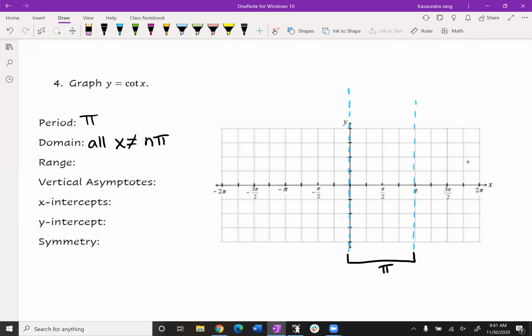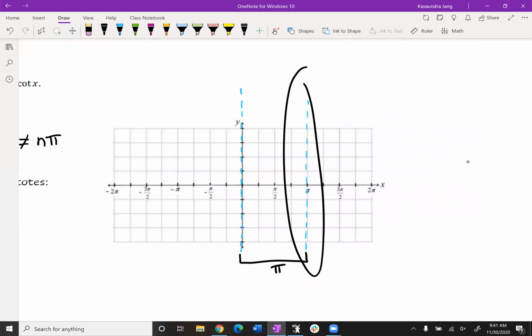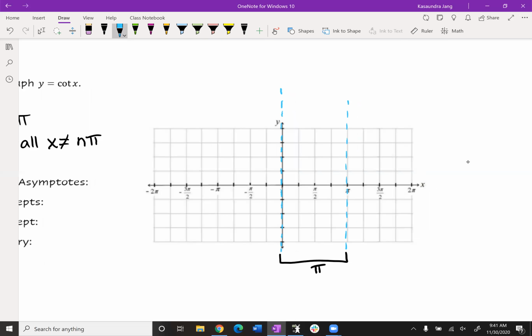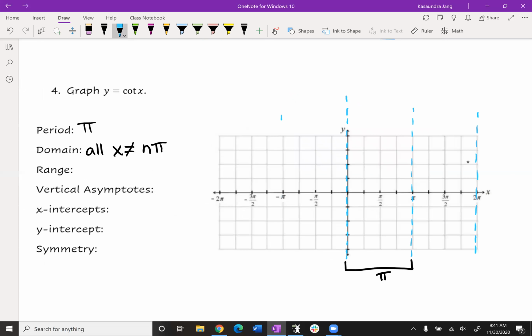So like there's an asymptote at 0, there's an asymptote at 1 pi, there's going to be an asymptote at 2 pi, there's going to be an asymptote at each n pi. Even negative, like if I go to negative 1 pi, negative 2 pi, so I've got asymptotes there. So those are not in the domain. Everything else is in the domain now.